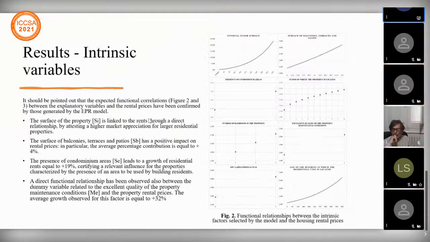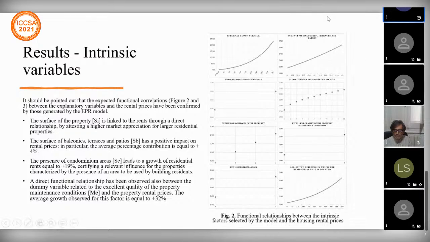Yes, let's go to the results so we move faster. For the intrinsic variables, we have interesting results. As we expect, the internal floor surface shows a direct linkage, attesting that there is a higher appreciation for larger residential properties.